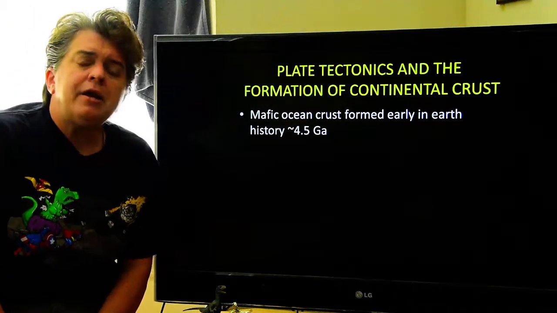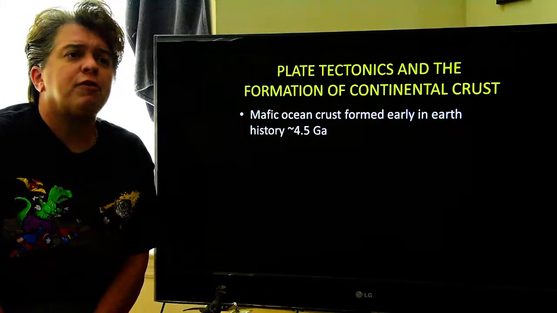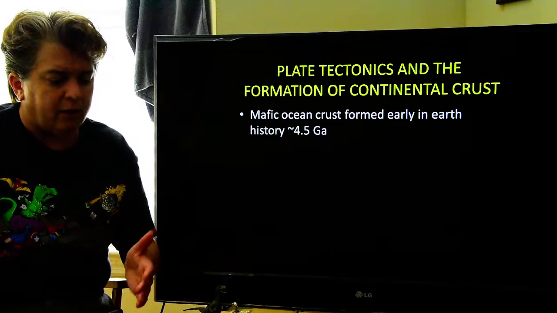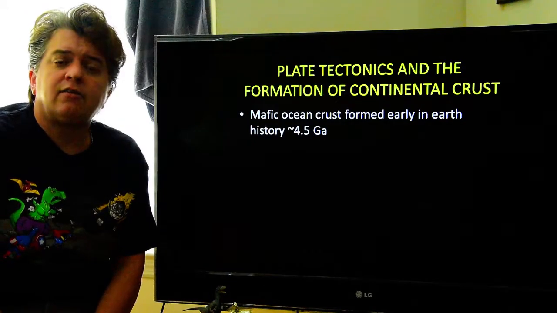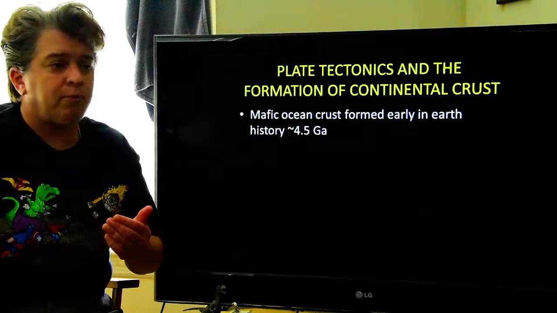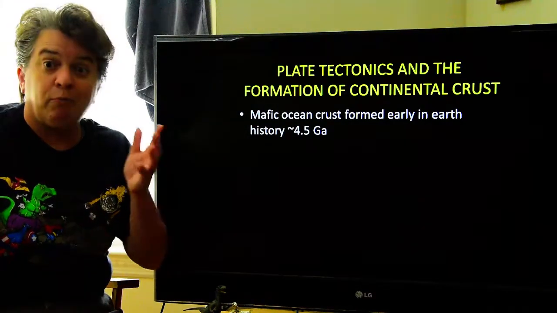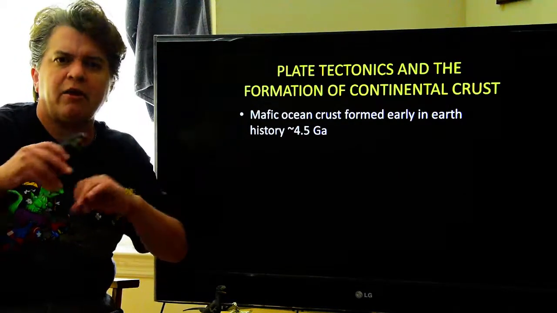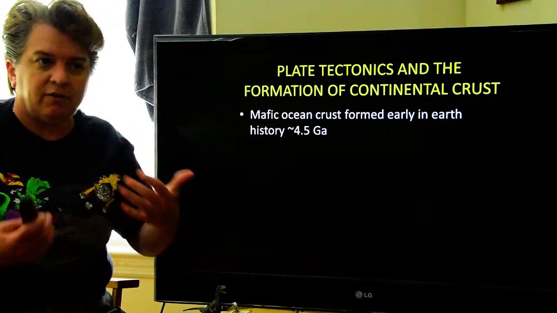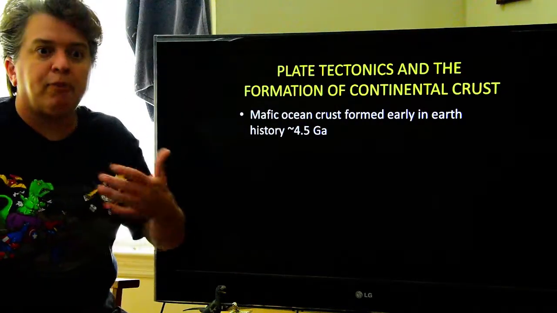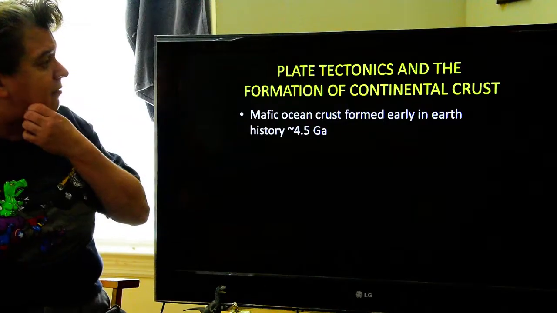All right, another very important thing from the Hadean and Archaean is that we start getting plate tectonics. You must remember from physical geology how important plate tectonics was. It explained all kinds of different things. Well, let's see how plate tectonics operated in the distant past.